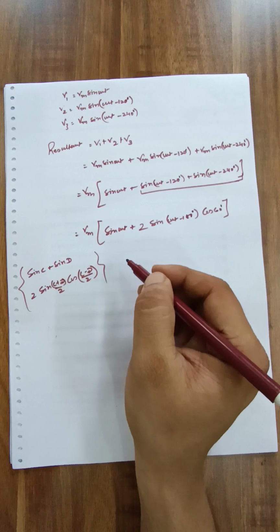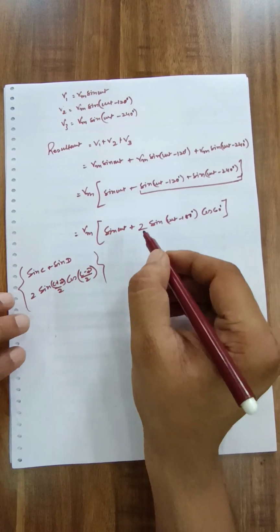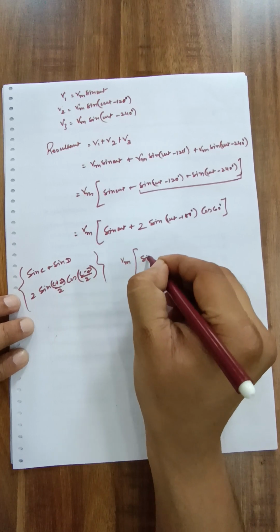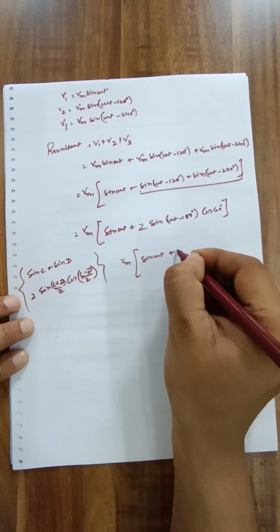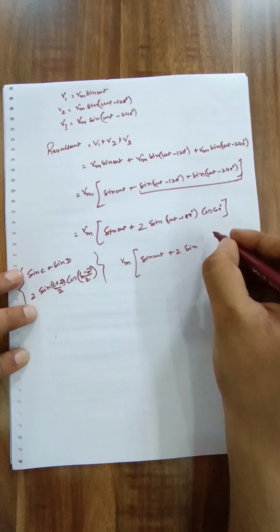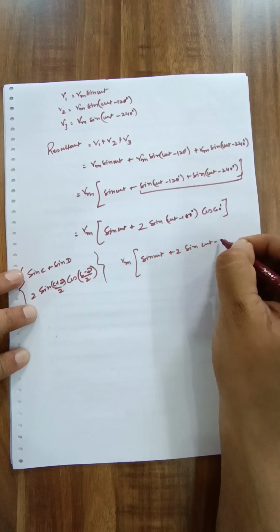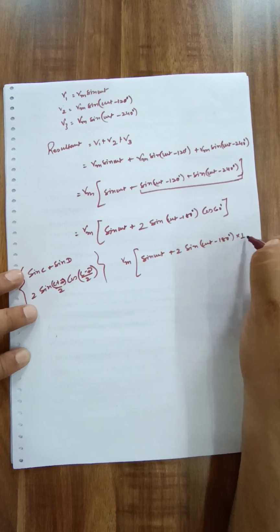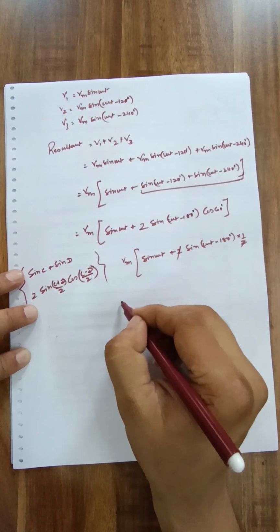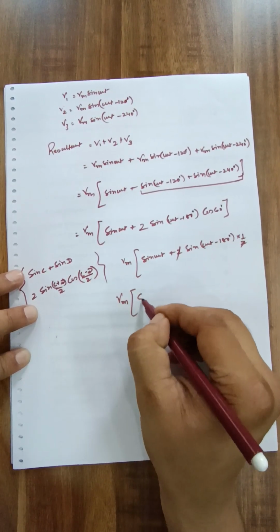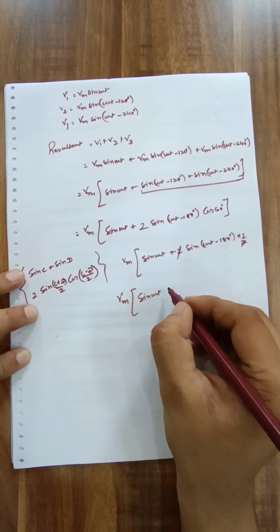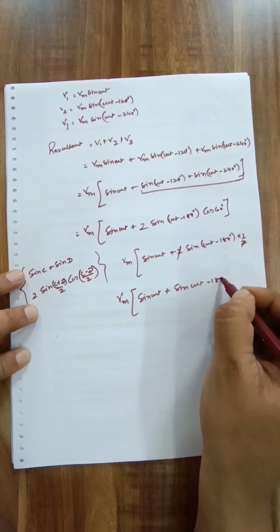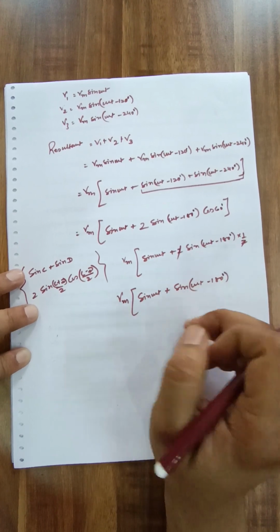So cos 60 will be equal to 1 by 2. So Vm sin omega t plus 2 sin omega t minus 180 degree cos 60 is equal to 1 by 2. 1 by 2 and 2 cancel out. Vm sin omega t plus sin omega t minus 180 degree. So let me take minus outside.